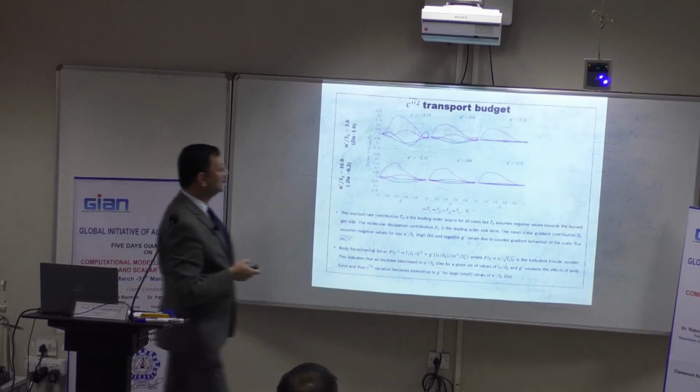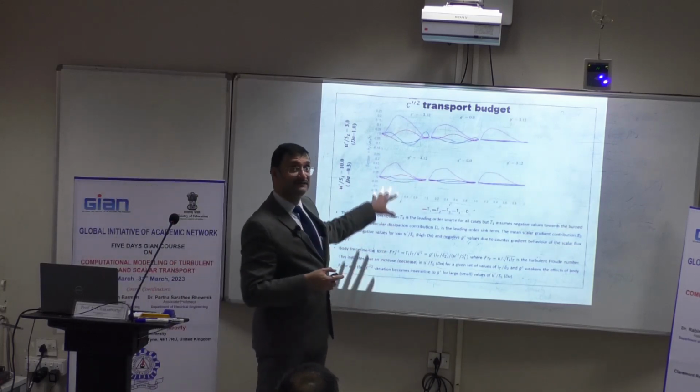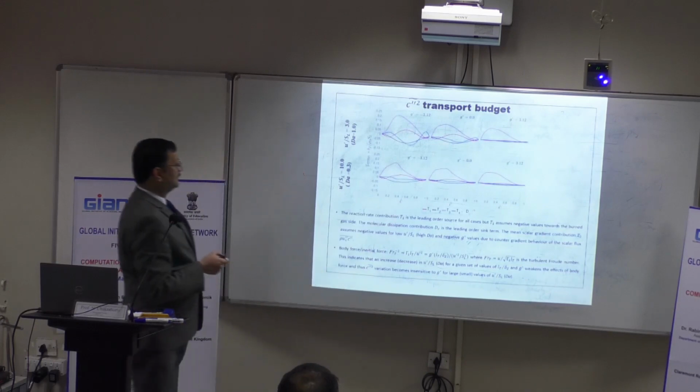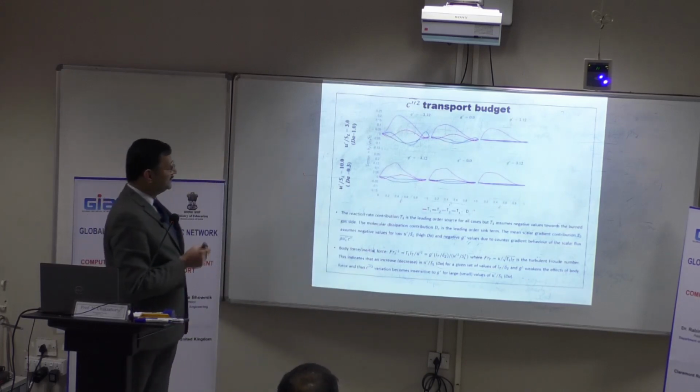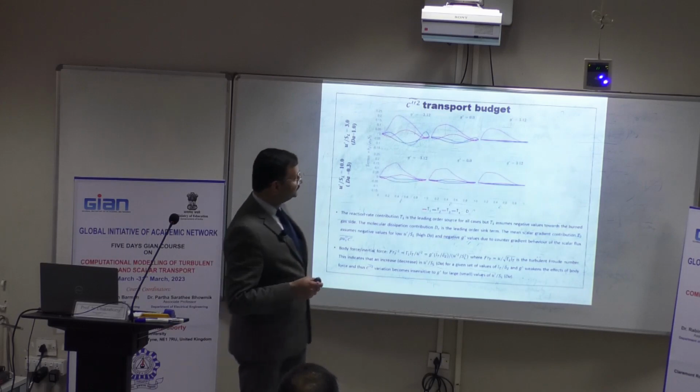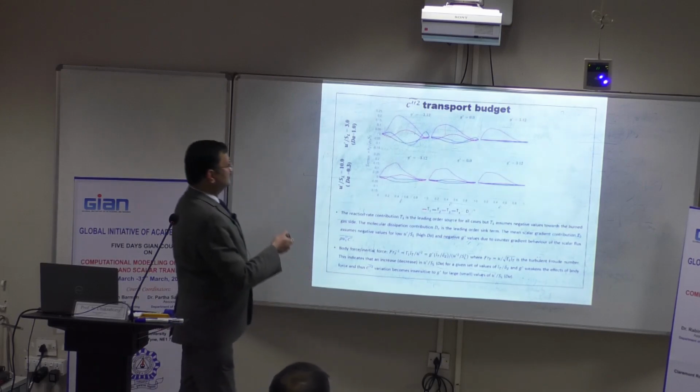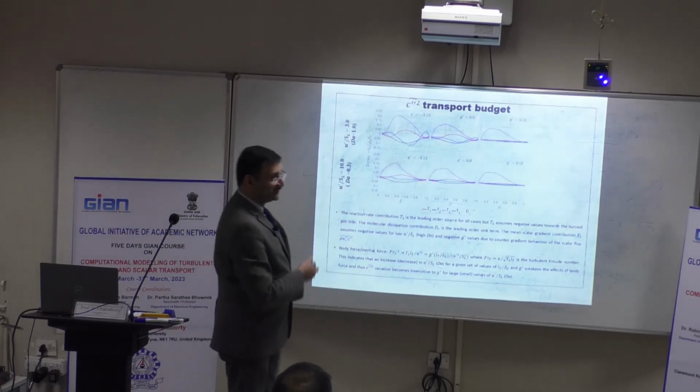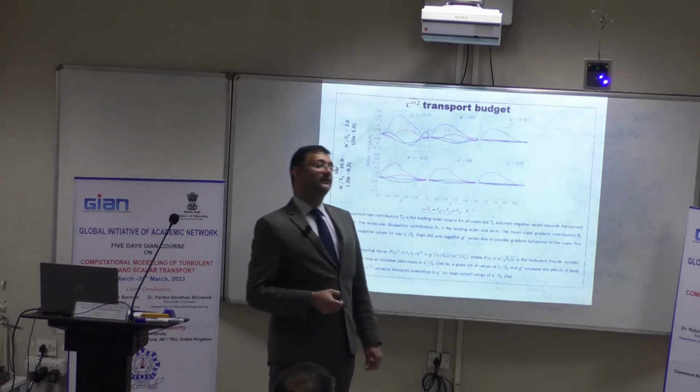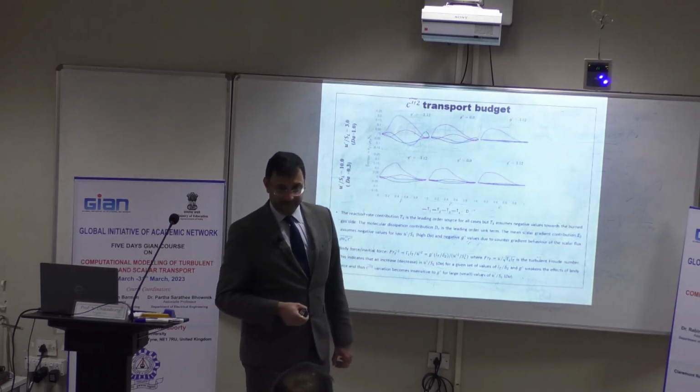I don't think you will be able to read with this resolution, but I will mainly tell you what happens. G star effectively is some kind of inverse of Froude number.